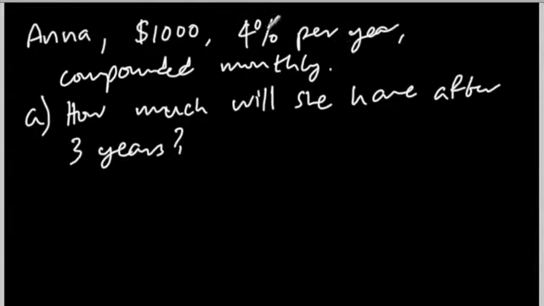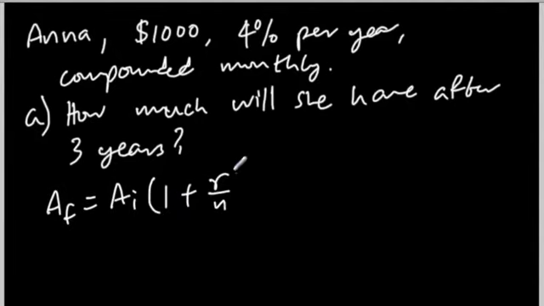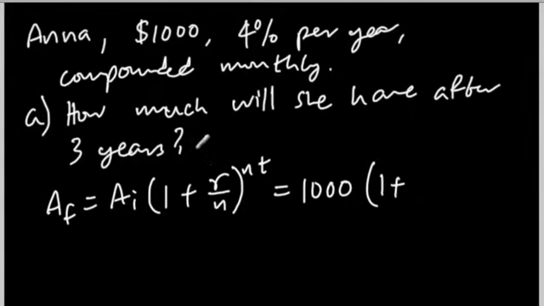Basically we can just plug in our equation. So it's AF, that's what we want to find out, the final amount. I'll just write the equation for the sake of it: 1 plus R over N to the power of NT. The initial amount is $1,000, and it's 1 plus, the rate is 4%, so that's 0.04.